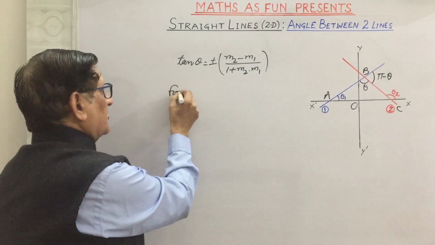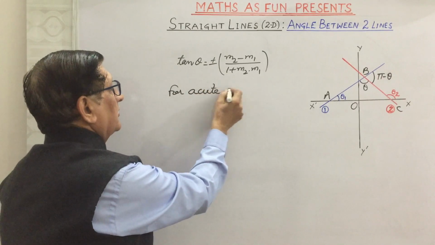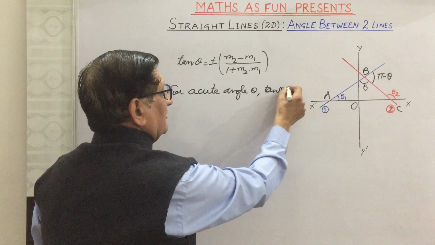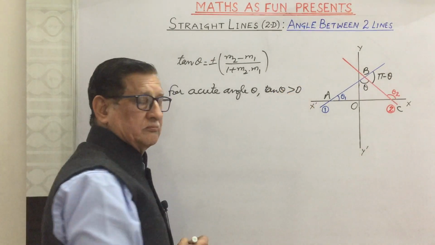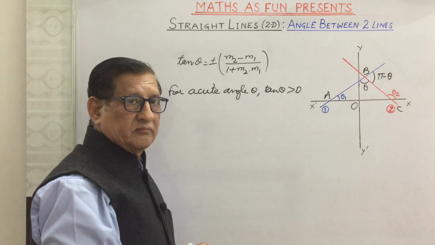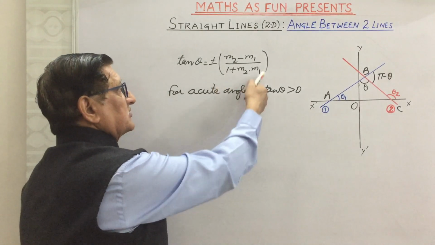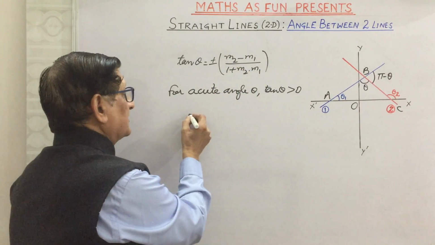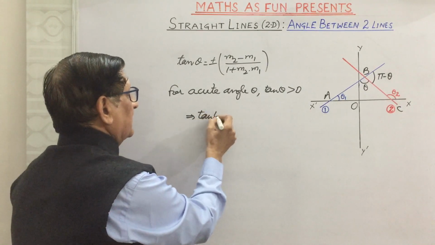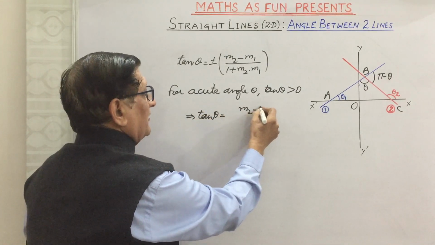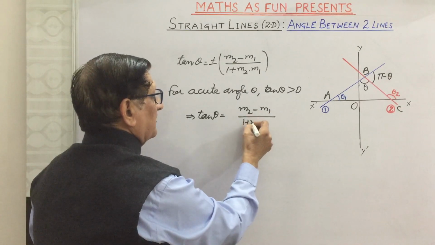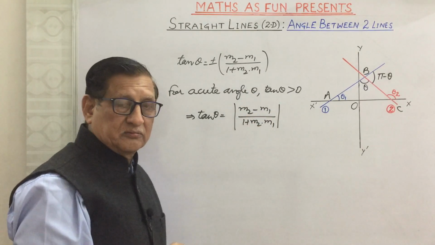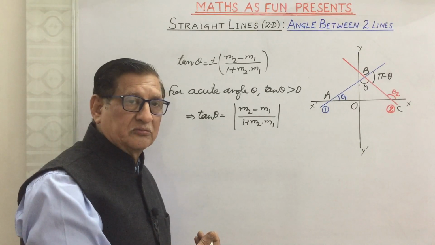Then for an acute angle theta, tan theta is always greater than 0. And in that case, this value also will be positive. And hence we can say that tan theta will be equal to m2 minus m1 upon 1 plus m2 into m1. We can apply the modulus to get the positive value.